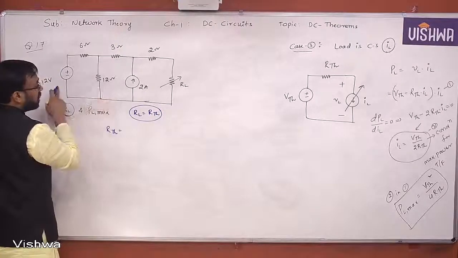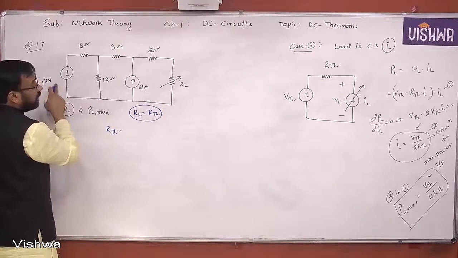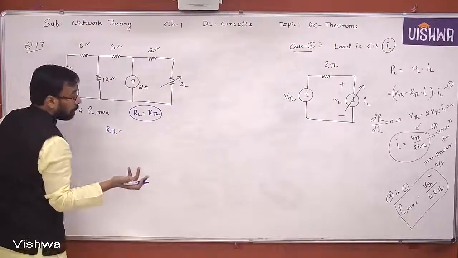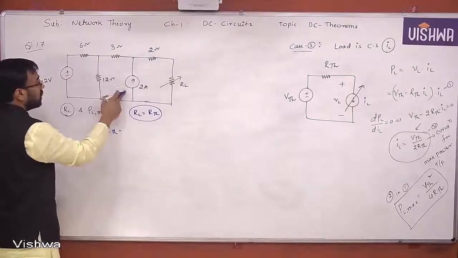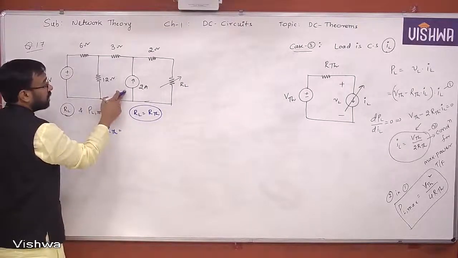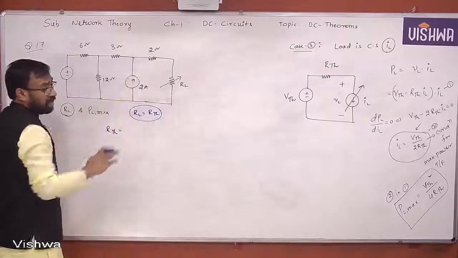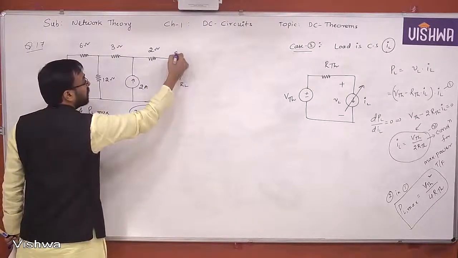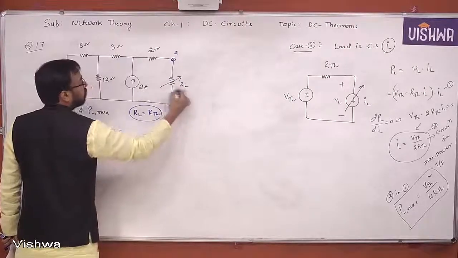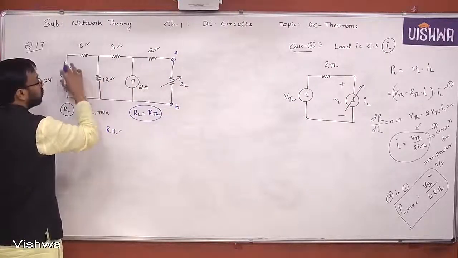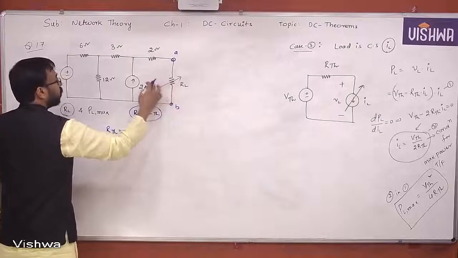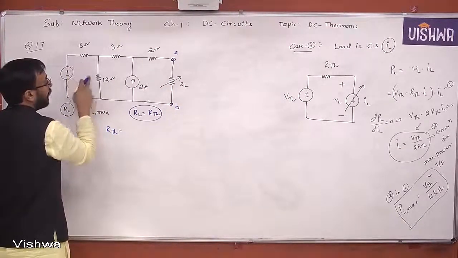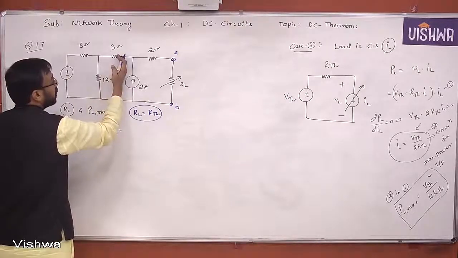This is suppressed, this is suppressed. In this particular problem, there is no dependent source. When there is no dependent source, after suppressing these two energy sources, can we simplify it using the normal reduction technique by looking into the network through these two terminals? Yes or no? Yes, we can do. This is open, this is shorted. When you look into the network through the AB terminals, these two are shorted and parallel, and then the result is in series with 3 ohm.